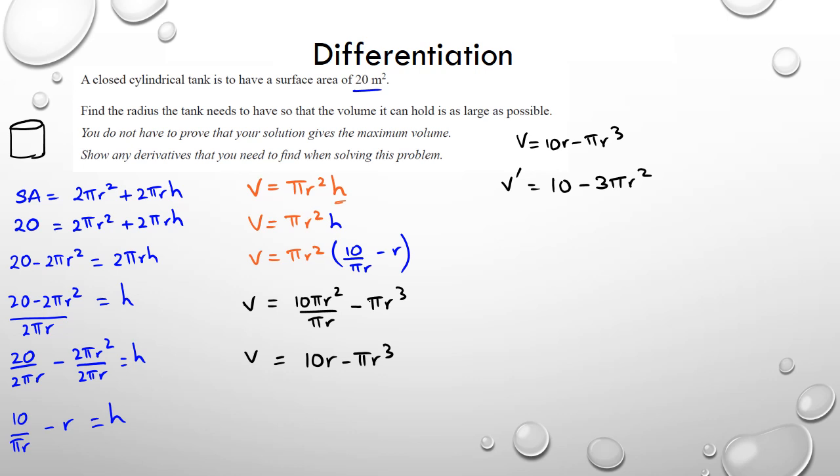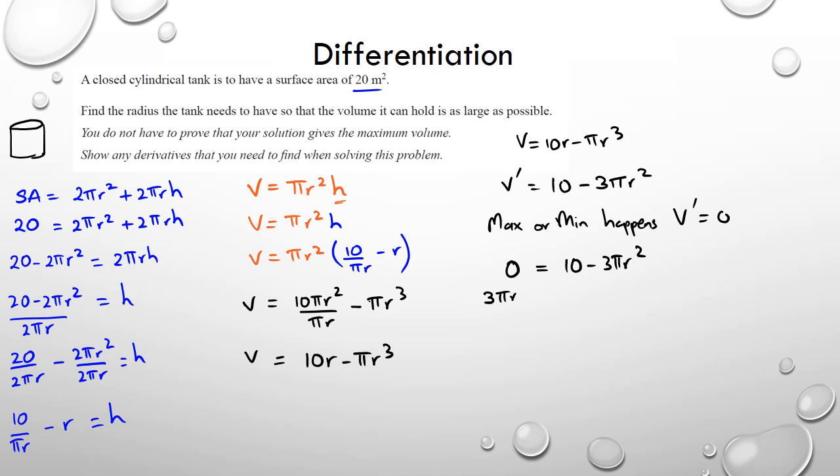So I can say that max or min happens when V dash equals 0. So 0 equals 10 minus 3 pi r squared.